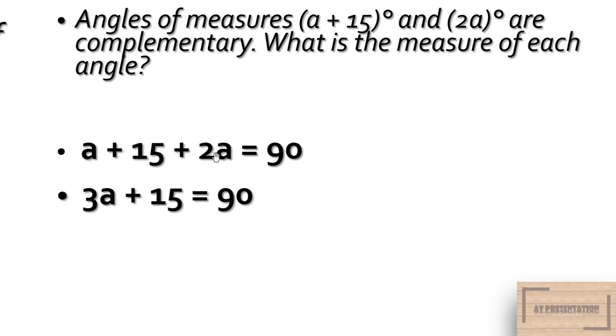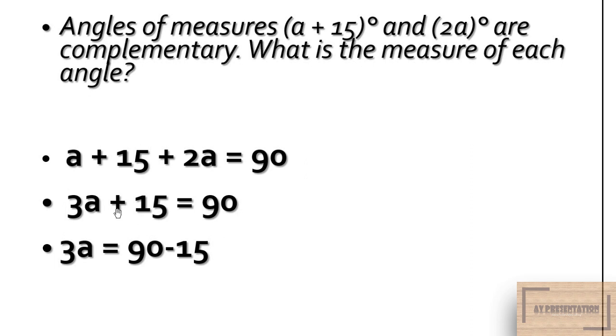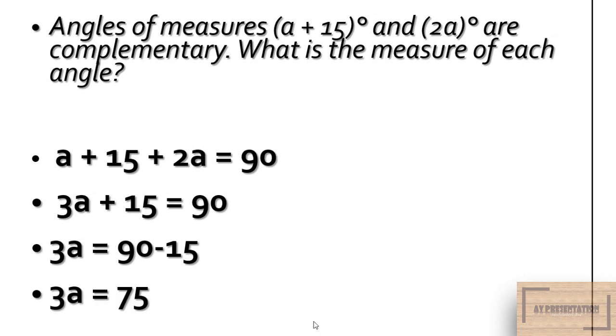A plus 2a means 3a, so 3a plus 15 is equal to 90. Then positive 15 goes to the other side as negative. 3a is equal to 90 minus 15, that is 75.